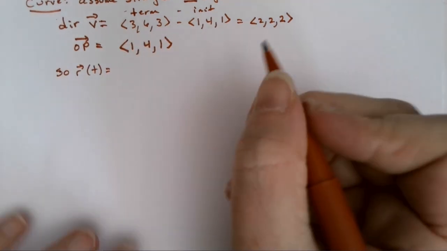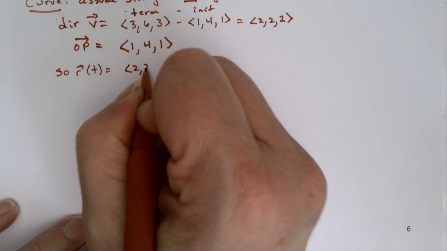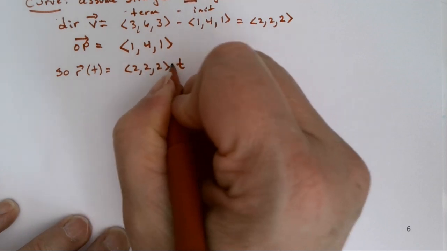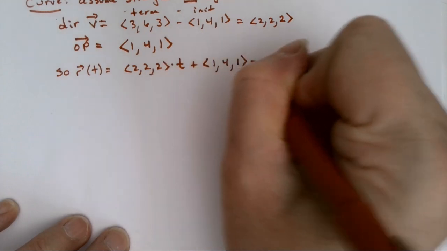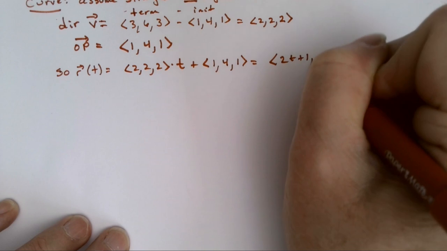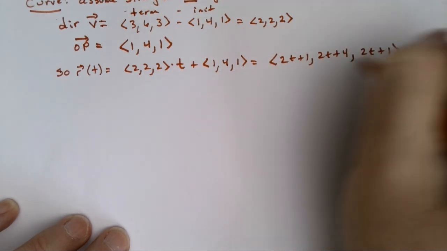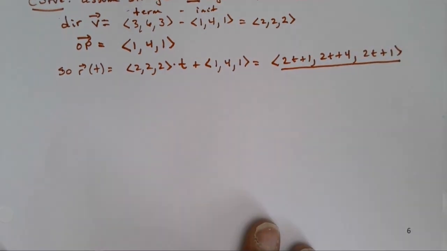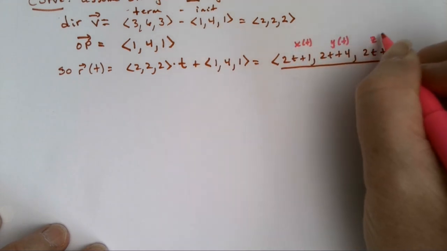So our curve in vector valued function form would be 2, 2, 2, our direction vector, times t, plus our point, 1, 4, 1, which would be 2t plus 1, 2t plus 4, 2t plus 1. There is our position function. Now keep in mind, this is now x of t, this is now y of t, and this is now z of t.